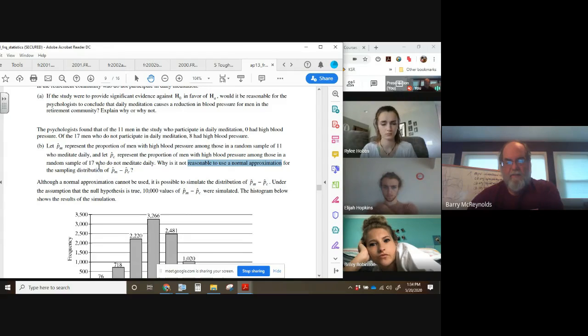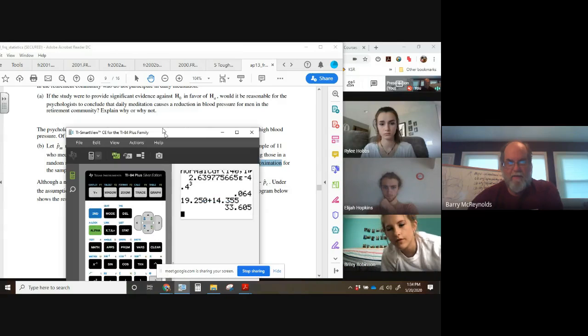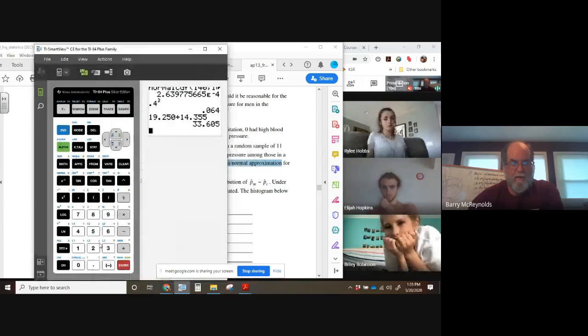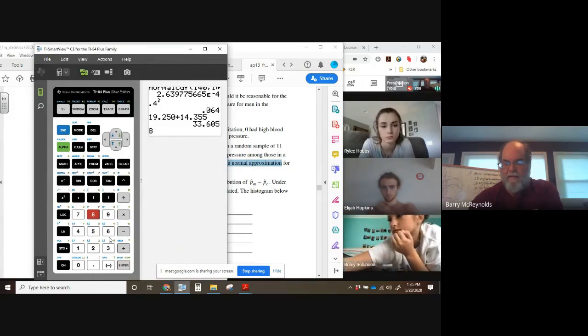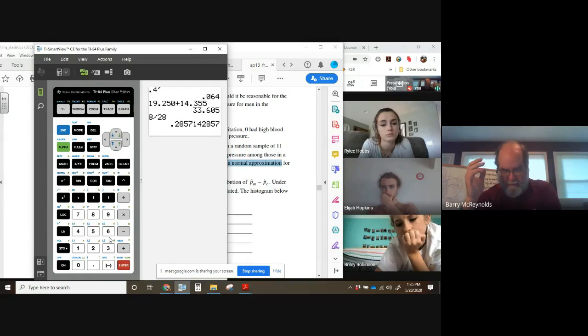Let me just bring up the calculator here and we'll do a quick calculation just to see. So eight men had high blood pressure out of the sample of 28 men. So our p hat is 0.286. So n times p hat would be 11 for the group and that did have high blood pressure.